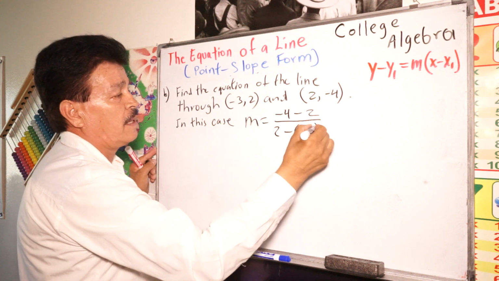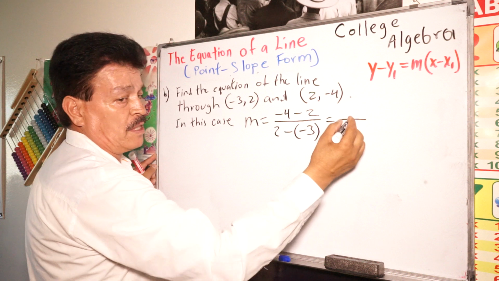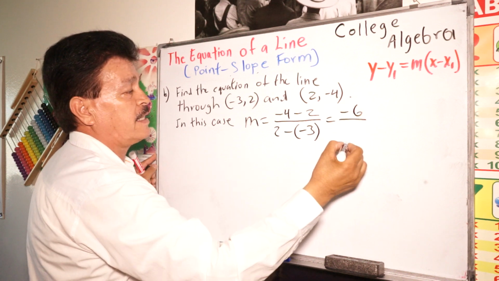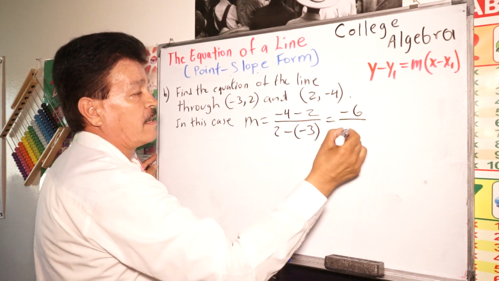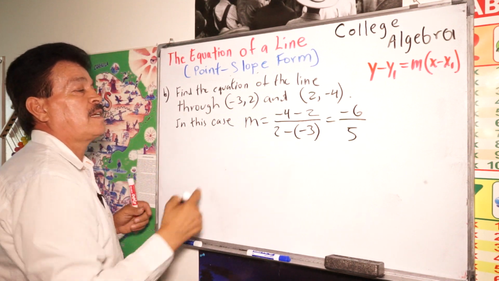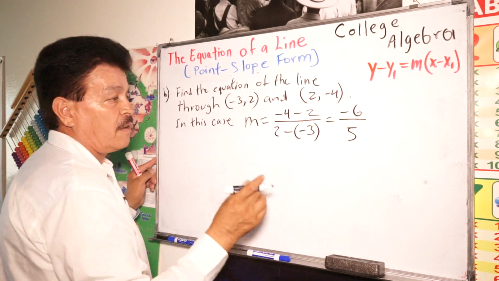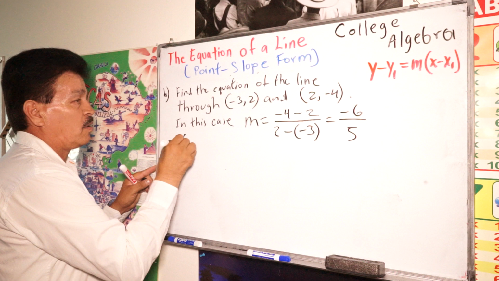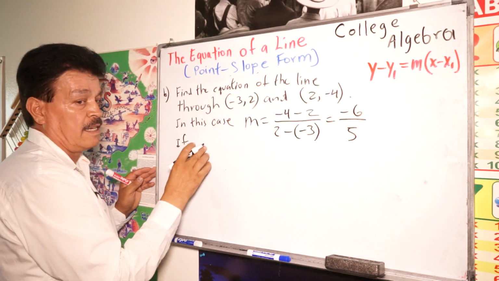Simplify: we're going to have -6 on top, and here negative times negative is positive, so 2 plus 3 is 5. We need the slope to find the answer.